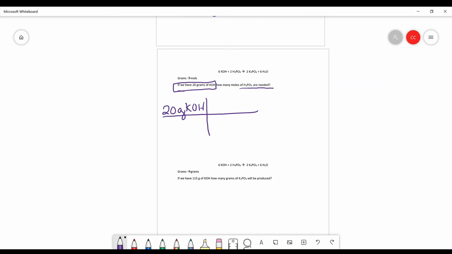We cannot go from grams directly to moles of the second substance, so we need to convert grams to moles of KOH. We said earlier that 56 grams of KOH is in 1 mole of KOH.